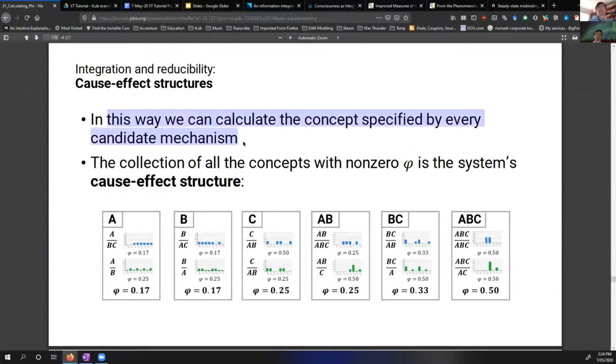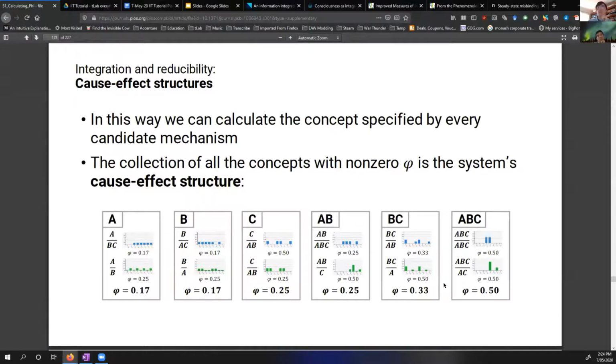Okay, and then what we do is we find the complete set of concepts for the system. If we go back to the composition axiom, what we want to look at is how much mechanism A exists to the system, how much mechanism B exists to the system, and also how much mechanism AB, composed of A and B, contributes to the system above and beyond A and B. So we repeat for every possible mechanism, so A, B, C, AB, AC, BC, and ABC.